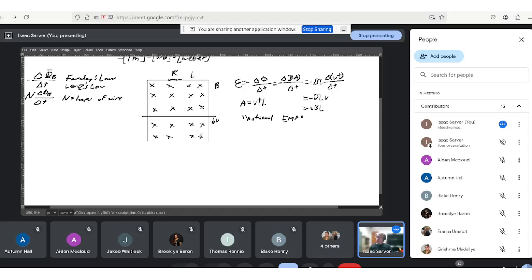And so what the book wanted to talk about, how they initially derived it, was the fact that we have a rod of metal moving in the magnetic field with free electrons.